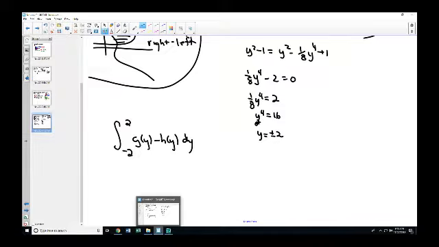You put your functions into the y equals thing, and you put your integral. No, because it's in terms of y, that's the thing, switch it to terms of y. I'm not asking how. I'm asking how you put it in the calculator.